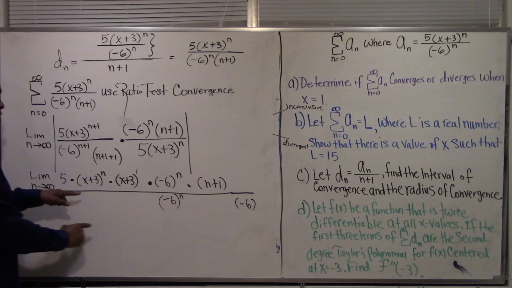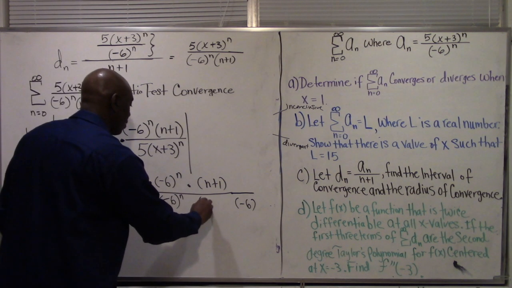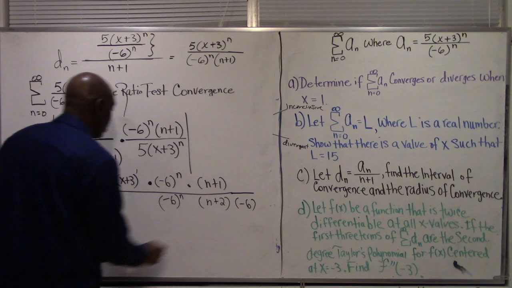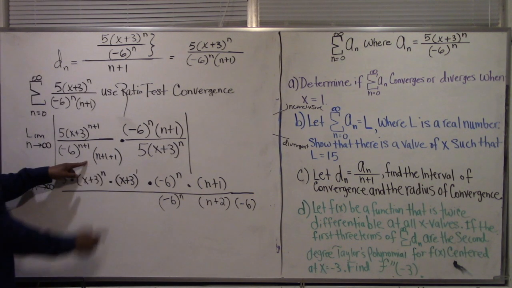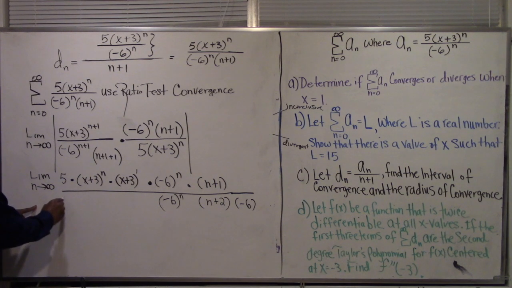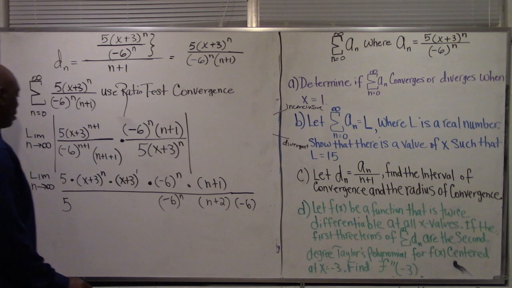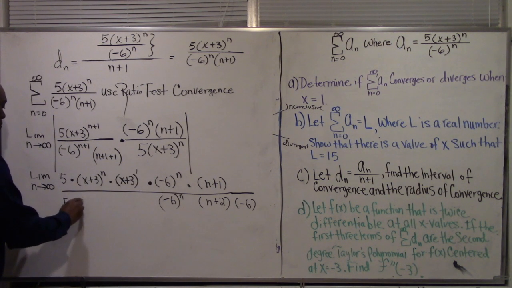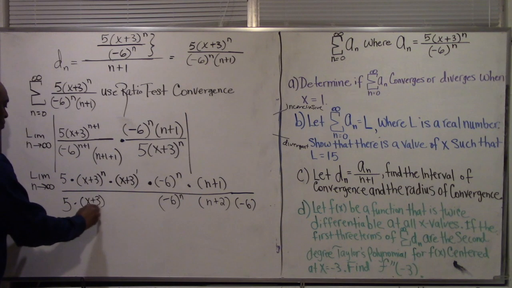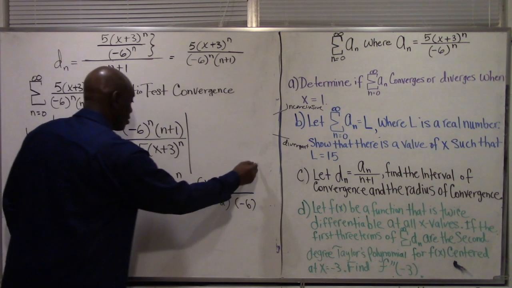I'm going to write that underneath here. N plus 2, because that's what this is. Then I have 5. I'm going to put 5 right here. And then I have (x plus 3) to the n. I'm going to write that right here. Put my absolute value bars back.